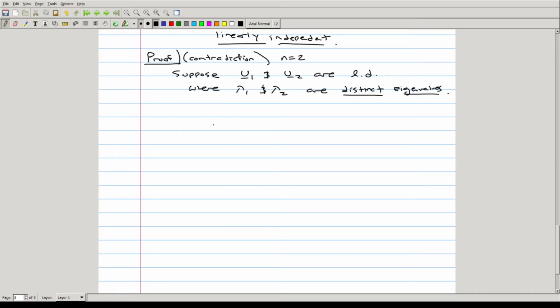So if u1 and u2 are linearly dependent, that means that u2 can be written as some constant times u1.